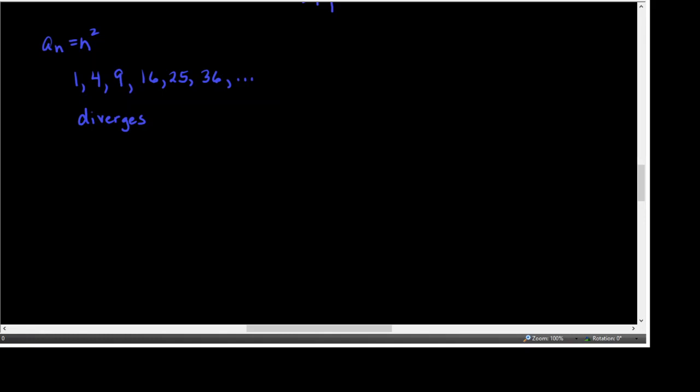Now, these have all been, as I said, explicitly defined sequences. Now we're going to talk about something called recursively defined sequences. And before I leave the explicitly defined ones, I do want to say that the strength of an explicit formula is that if I wanted to find, what's a sub 10?